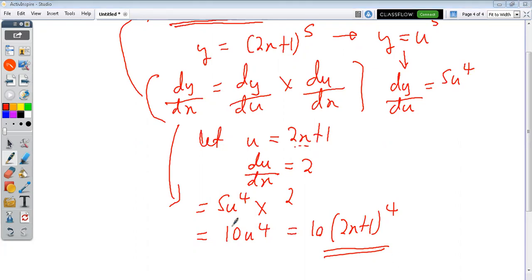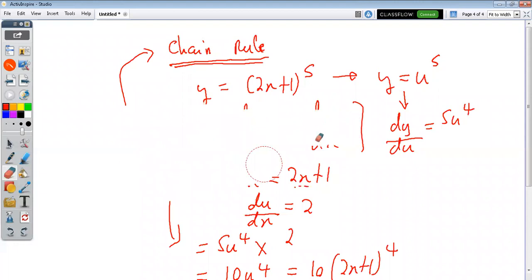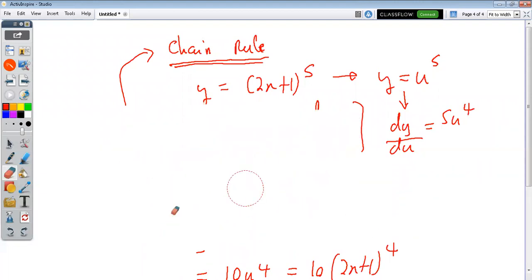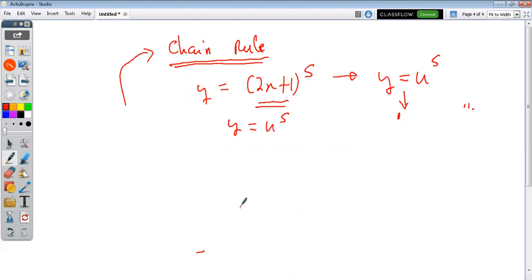So I'm going to show you the short way of doing this, of doing everything and coming up with the answer straight away, which is also allowed in the exam. So what you can do, if you are given this, what's in the bracket is your u. So in your head, you're thinking of y is equal to u to the power of 5.